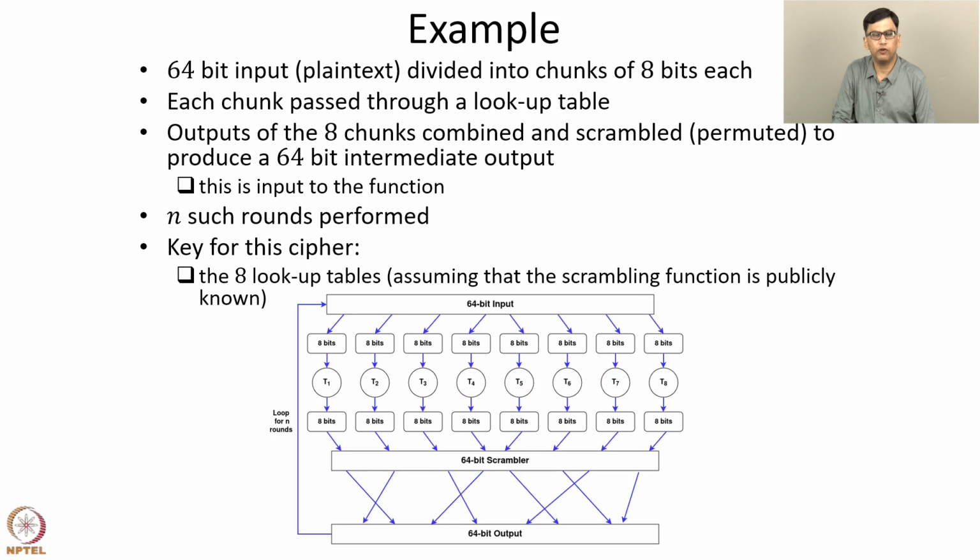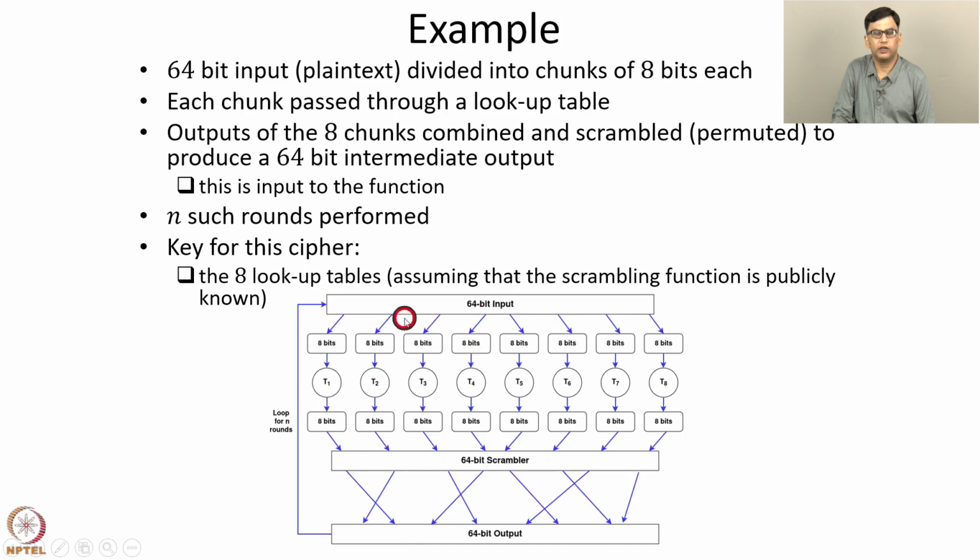A reason for using n rounds instead of only one round is that we want to make the output a very complicated function of the input. Another reason is that we want a particular bit of the output to depend on all the bits of the input, or as many bits of the input as possible.